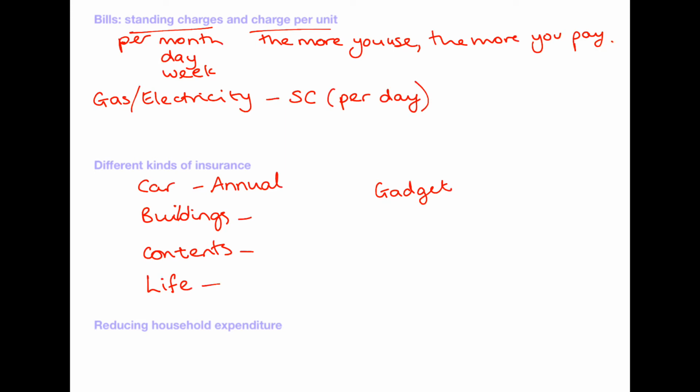Okay, so life insurance covers if somebody dies, but also it can include critical illness cover. So, for example, if one of you was diagnosed with a very serious illness such as cancer or heart disease, your insurance can pay out then, because it might mean that the person is unable to work and earn money.